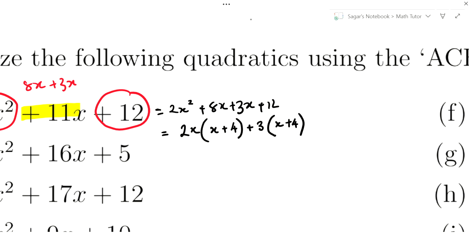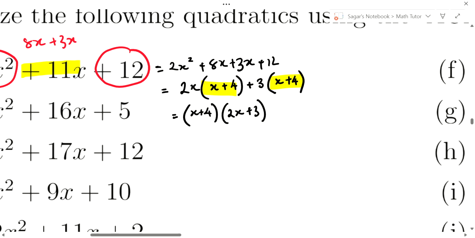So in the first pair, 2x was common. In your second pair, 3 was common. And now I can factor out the x plus 4. And that's your answer.